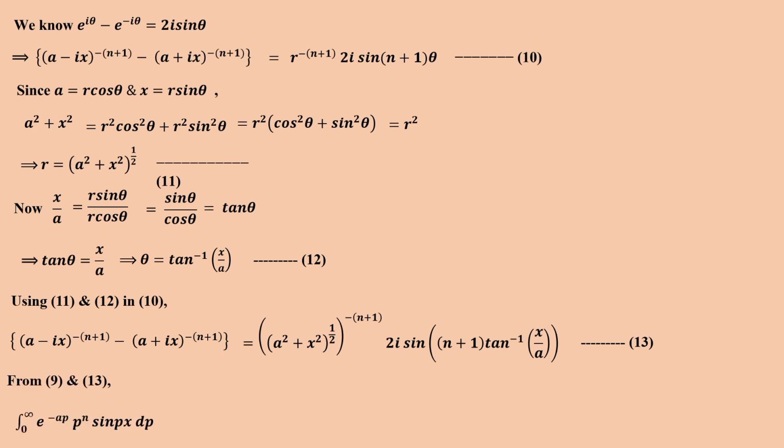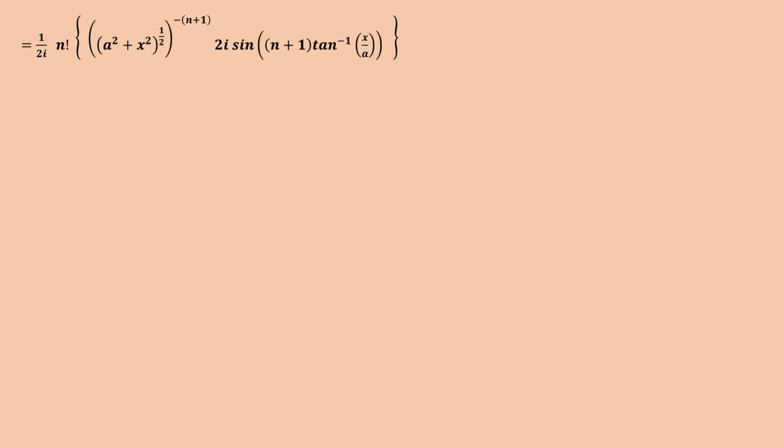Using 13 in 9, we get the integral from 0 to infinity of e^(-ap) p^n sin(px) dp, which is equal to 1/(2i n!) (a² + x²)^(-(n+1)/2) 2i sin((n+1) tan⁻¹(x/a)).